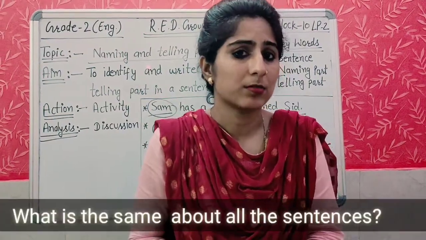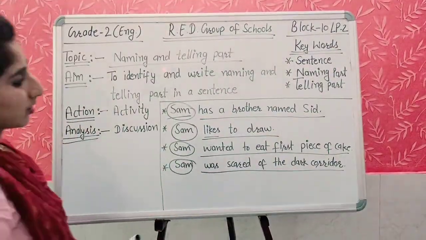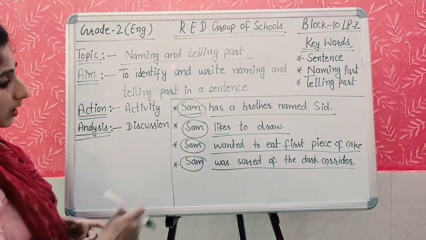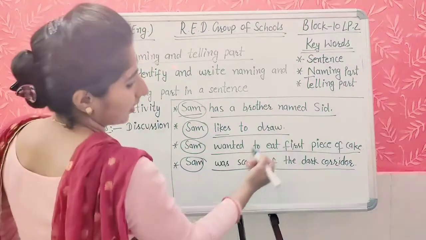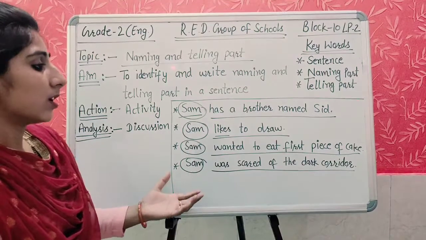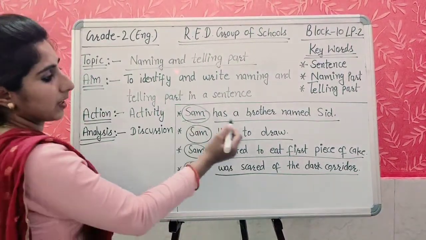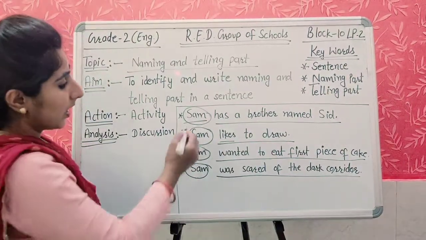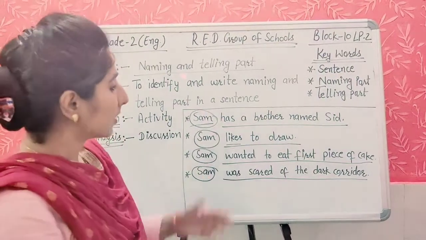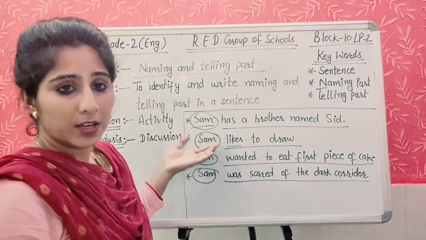So what is same in all these sentences? You can learn from these sentences as I have circled and underlined. So what is the common thing in all these sentences? Sentences have two parts. One is the naming part and this is the telling part. The naming part has a naming word, and the telling part gives us information and tells something about the naming part.